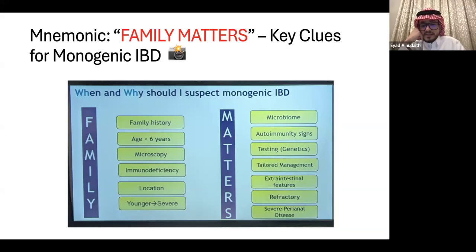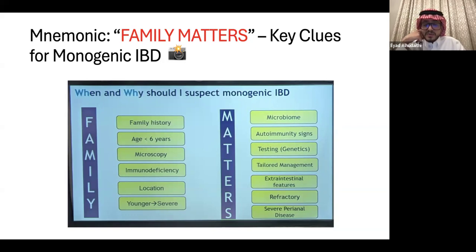In terms of location, yes, they can present with perianal disease. They can present as upper GI IBD. So location can also give you a suspicion.